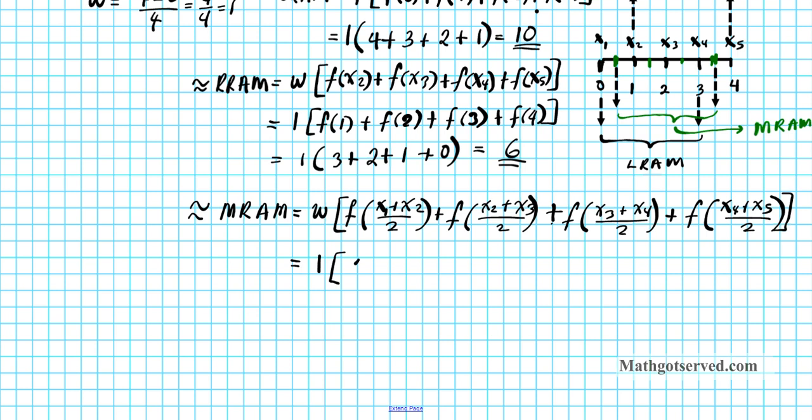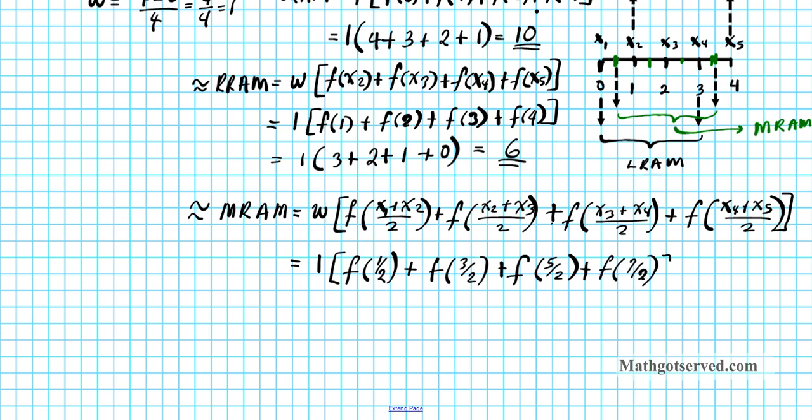So f of the average of 0 and 1 is 1 over 2, which is 1/2, plus f of the average of 1 and 2, which is 3 over 2, 3 halves. You can see a pattern here, the odd numbers in the numerator, plus f of the average of 2 and 3, which is 5 over 2, plus f of the average of 3 and 4, which is 7 over 2.